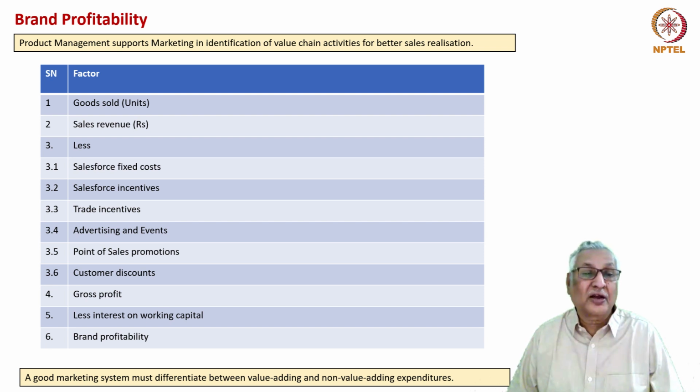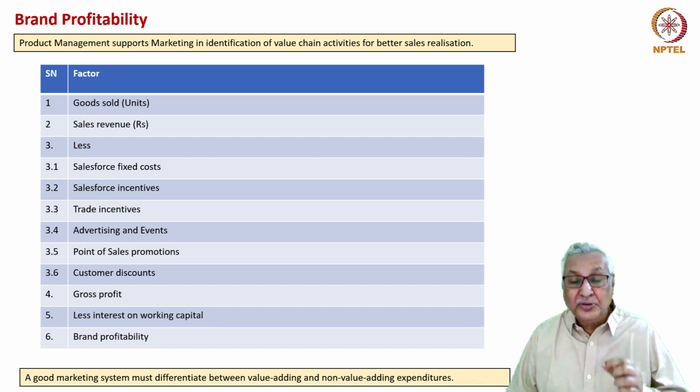All these costs have to be netted off from the sales revenue to arrive at the gross profit. But at a company level, there would be interest that is to be allocated on working capital management, and there would therefore be a final brand profitability that arises. While this may not be an out and out financial calculation, it will be a kind of financial direction that the product manager gives to the marketing organization to ensure that the right expenditures are being made and the right sales are being achieved.